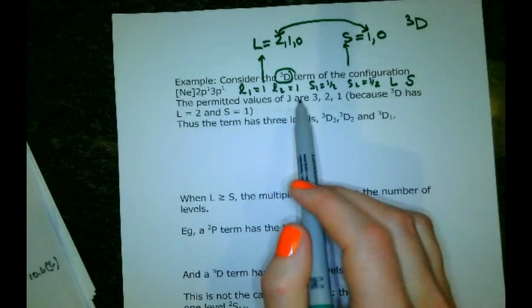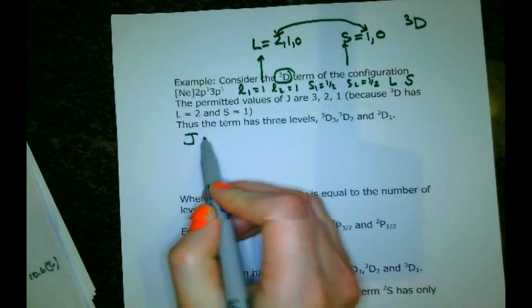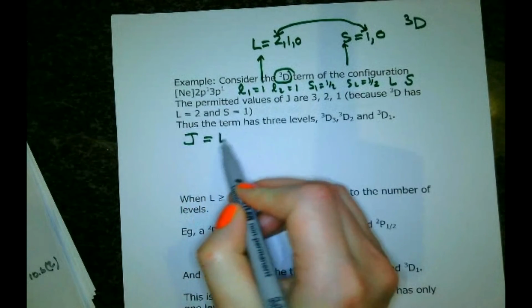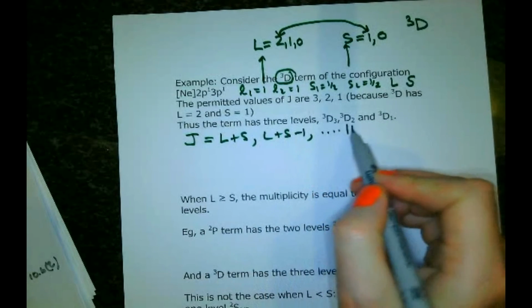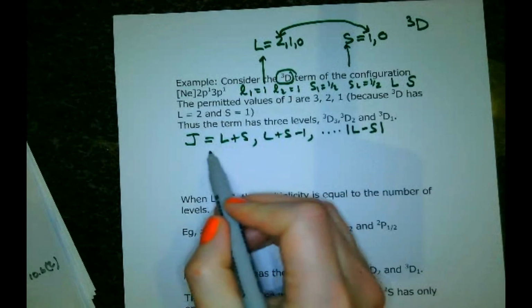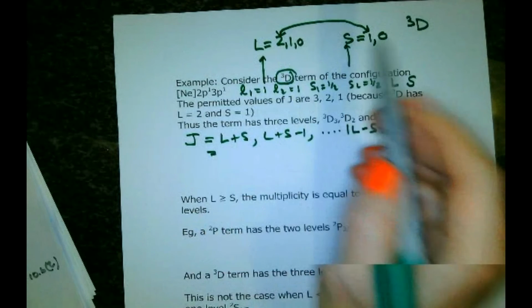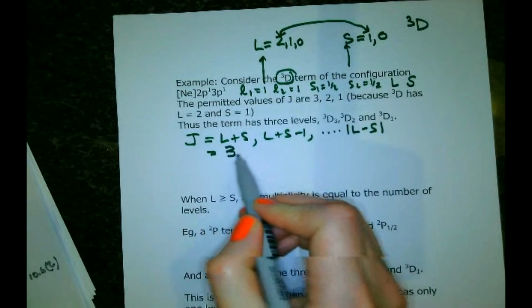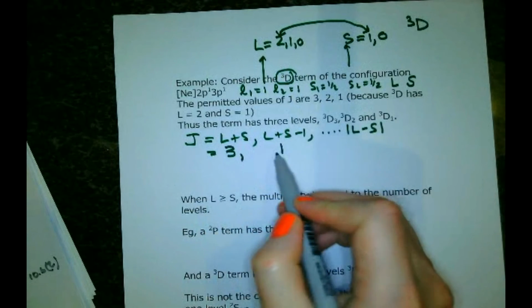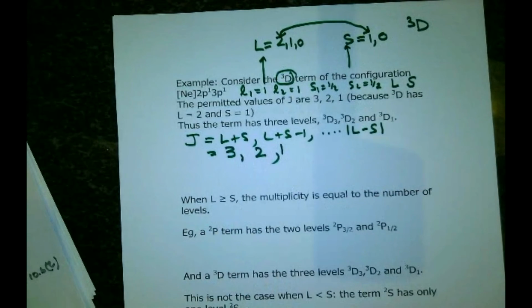So if we want to determine the values for J, it is L plus S, minus 1, up to L minus S. So for L equal to 2 and S equal to 1, 2 plus 1 is 3, 2 minus 1 is 1, and the value in between is 2.